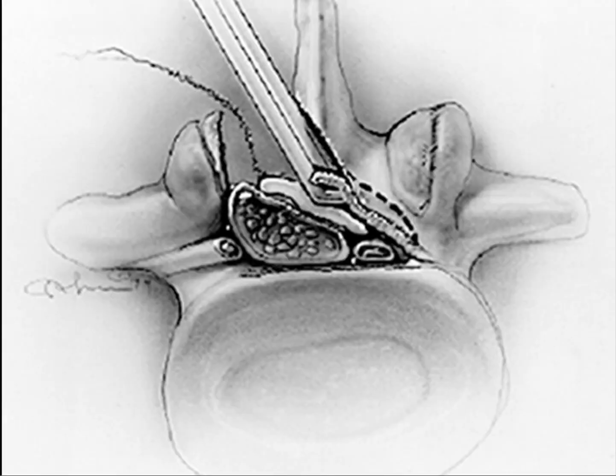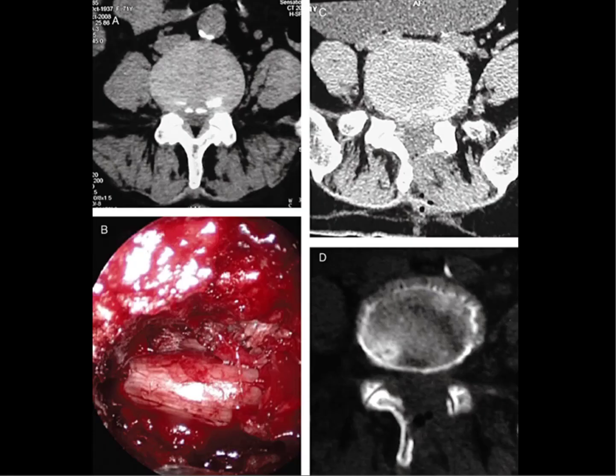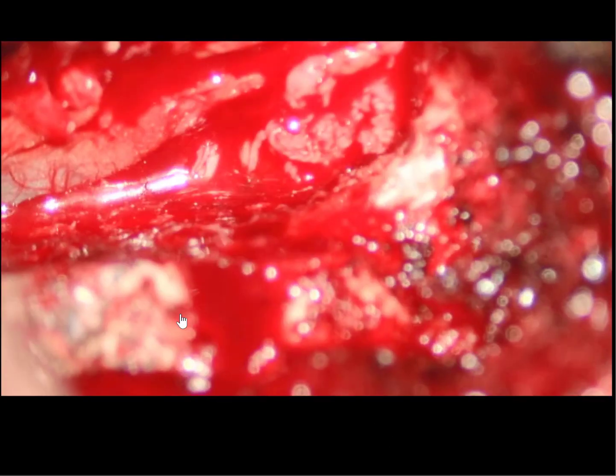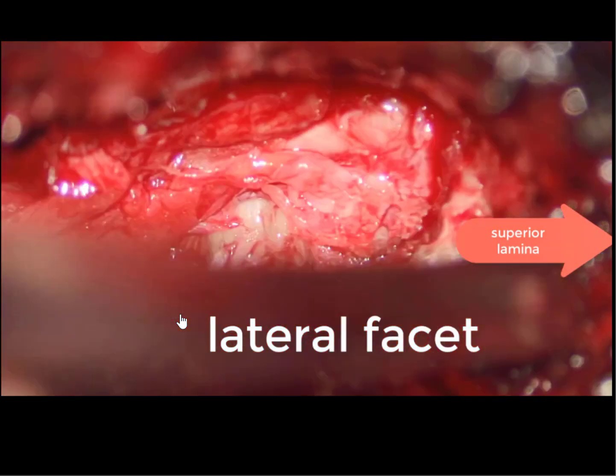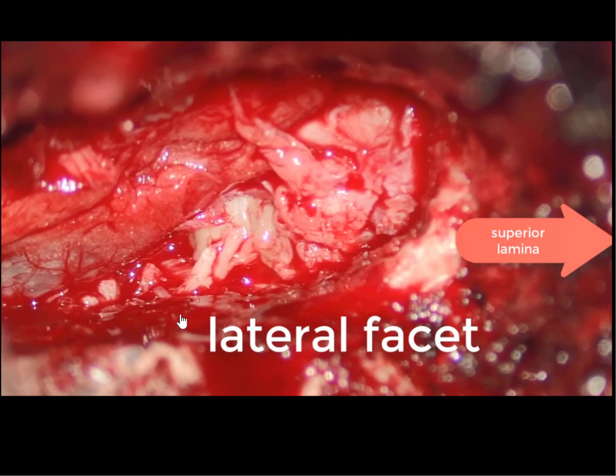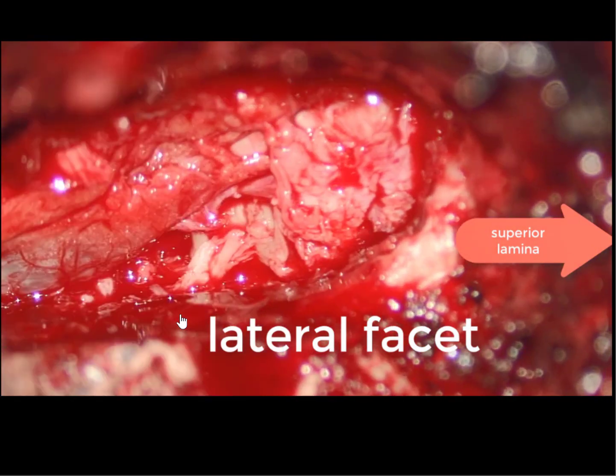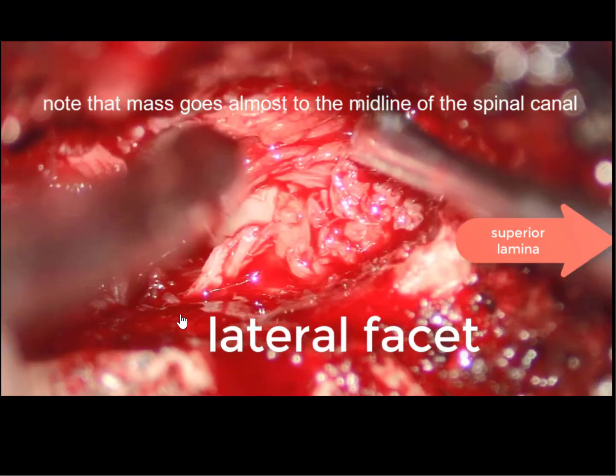So it's just an artist's drawing showing you how to do the unilateral laminectomy, bilateral decompression, and just a couple more images. Okay, so lateral is inferior, the top part towards the ceiling is the posterior spinous process, medial.